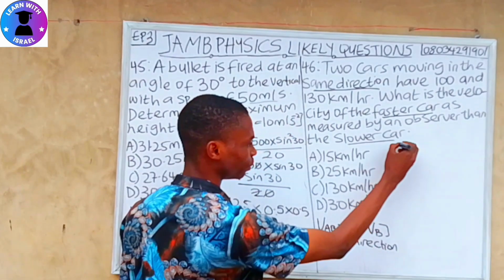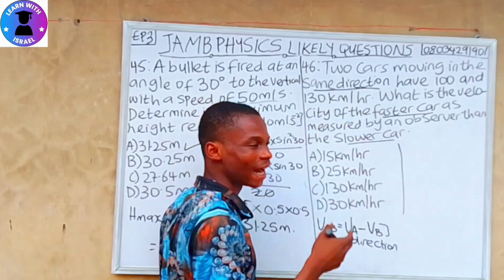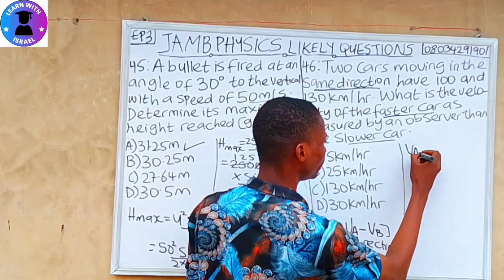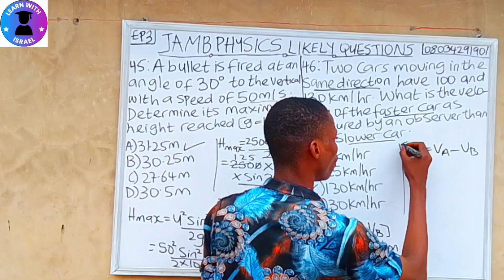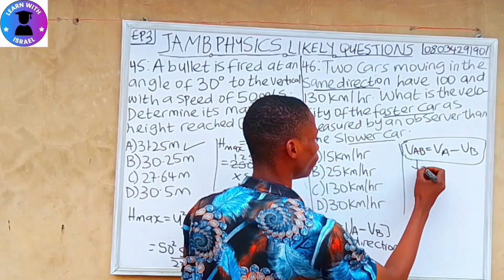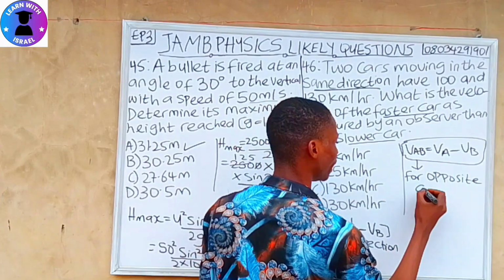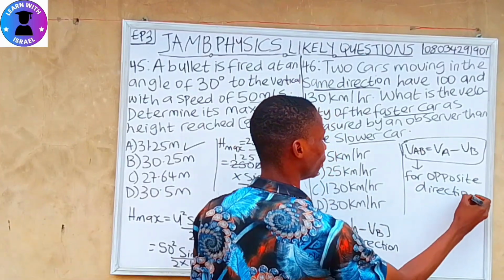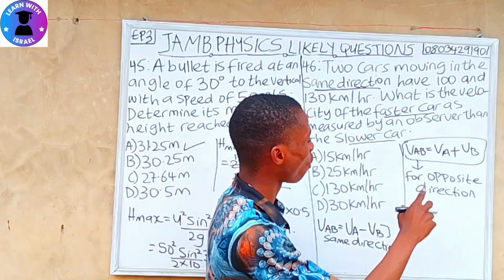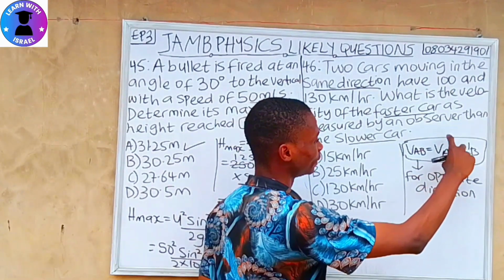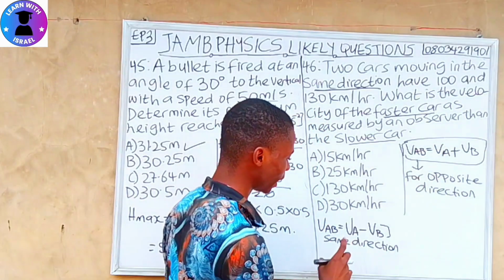But for opposite direction, assuming they say two cars moving in opposite direction, this is the formula we are going to use: VAB equals VA plus VB for opposite direction. I hope that is clear. For opposite direction, you add the velocity of the faster car to the slower car. But for same direction, you subtract.